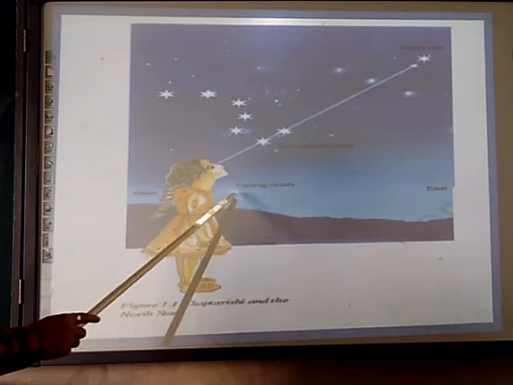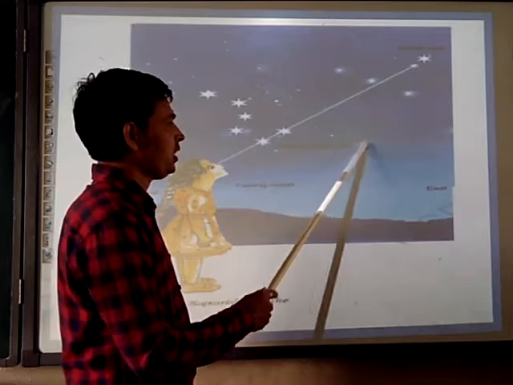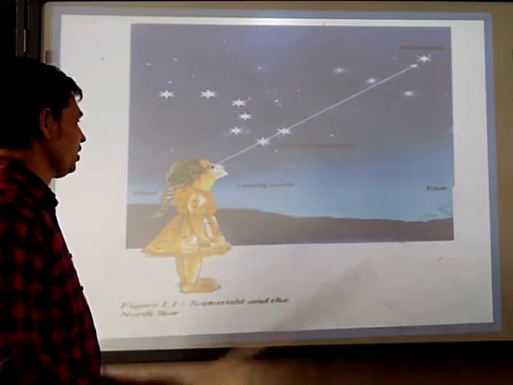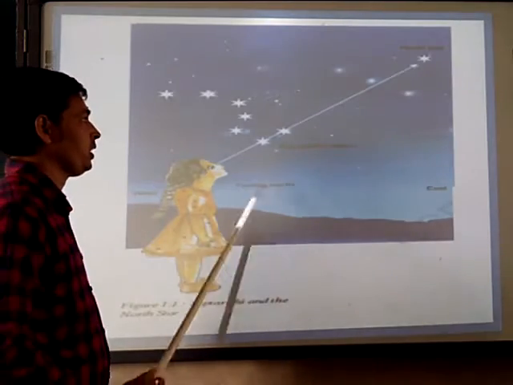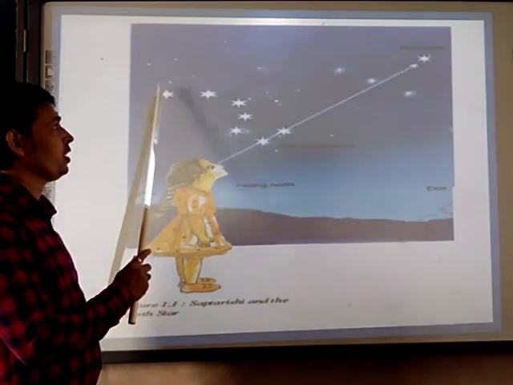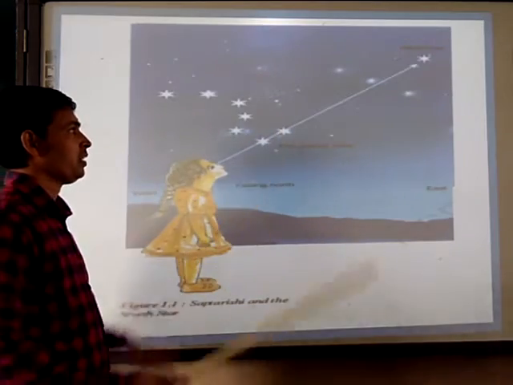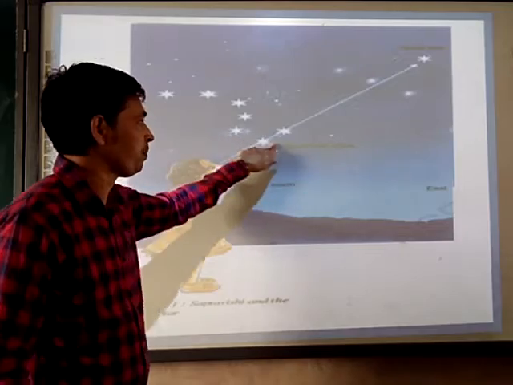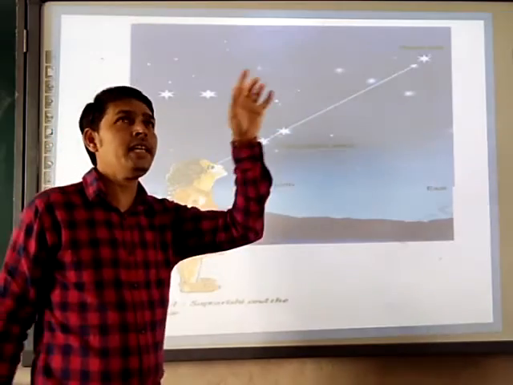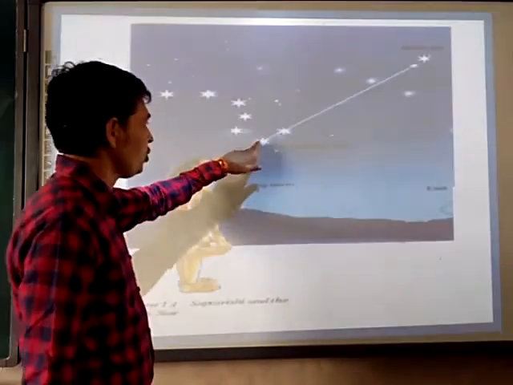The girl is standing facing towards the north. The pointer stars, west, east. This is Saptarishi, 1, 2, 3, 4, 5, 6, 7, just like a spoon shape, as I told you. Easily in the sky, you see this star and these 2 stars.